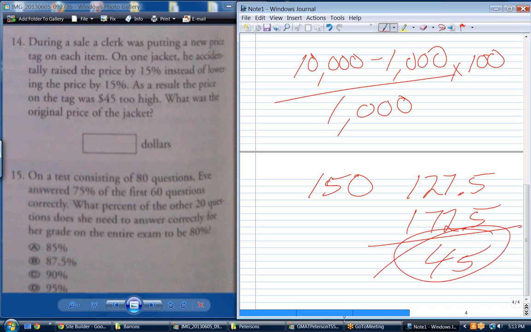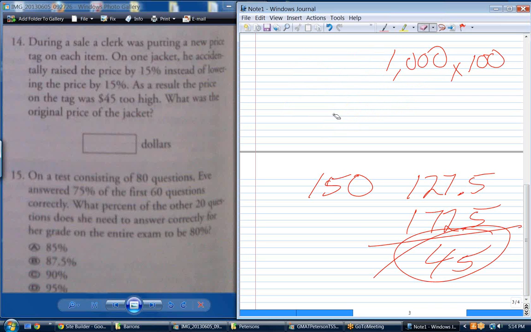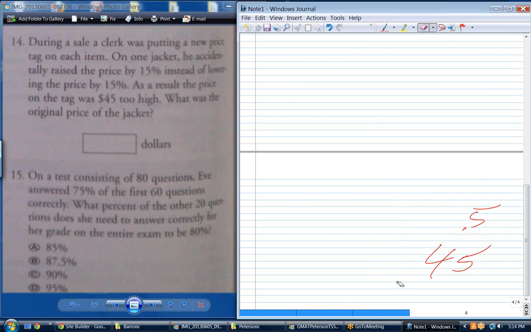We could set up an algebraic equation here, but I'm not very good at that. Most people aren't. To me, anytime you can solve these by doing what we just did, which is kind of experiment around with a price or two, or picking numbers, or back solving, or one of those techniques, it almost is always easier than the algebraic technique. It's just too difficult to try to figure out those algebraic equations.